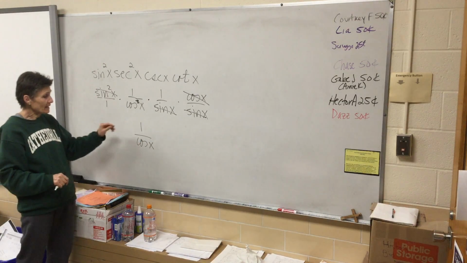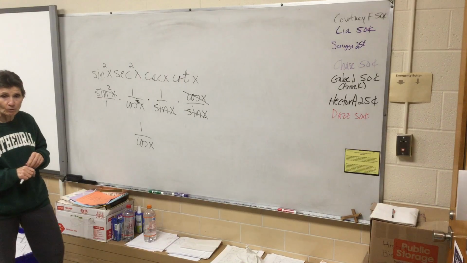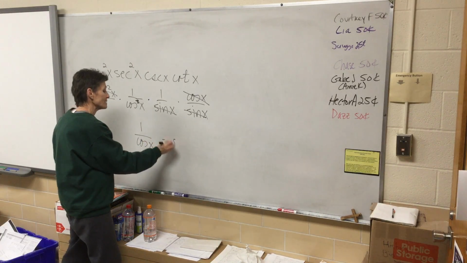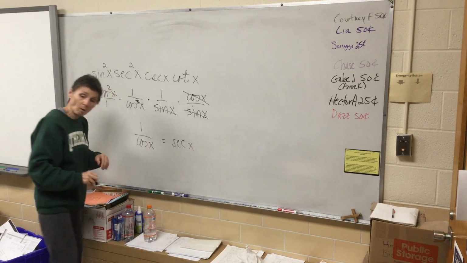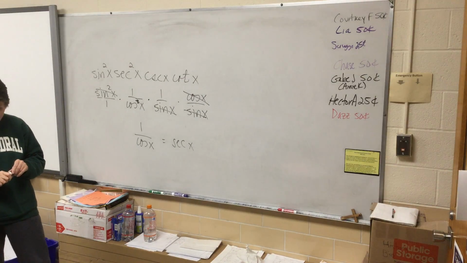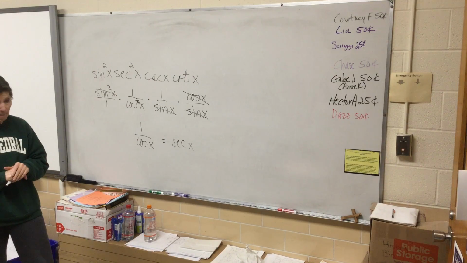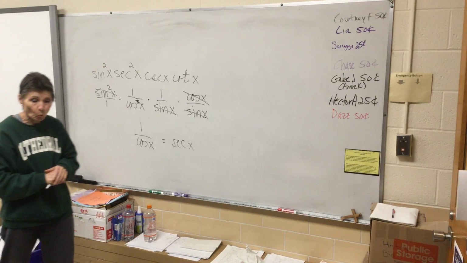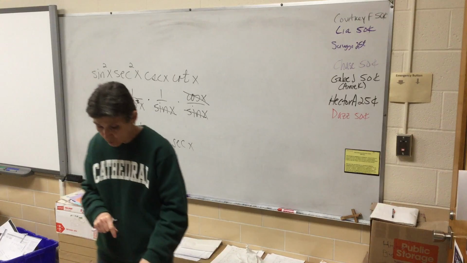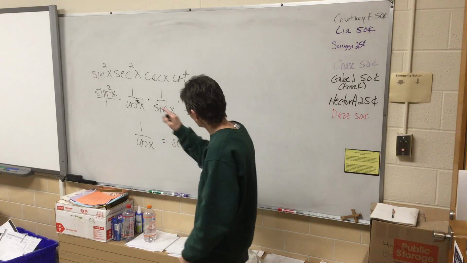If you left it as 1 over cosine, I would give you full credit, but really the best answer is what 1 over cosine equals, which is secant. So one of the problems on your quiz is going to look like that.